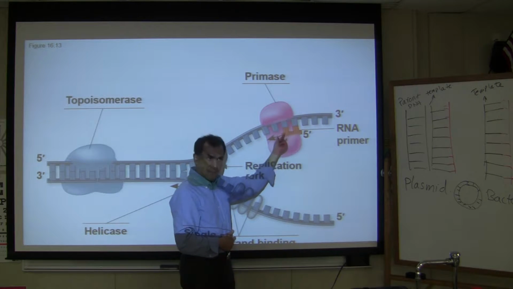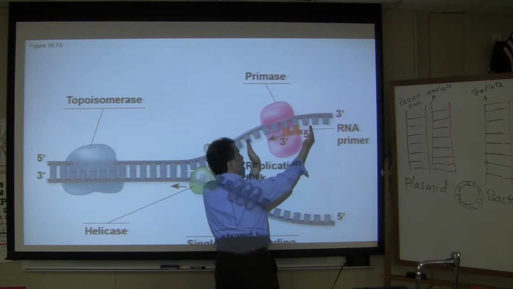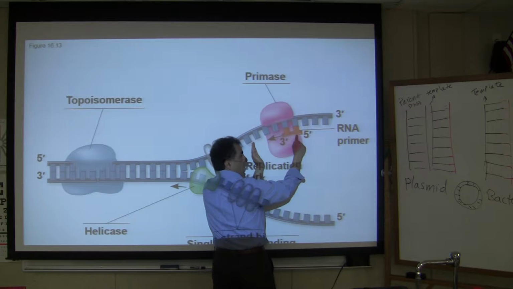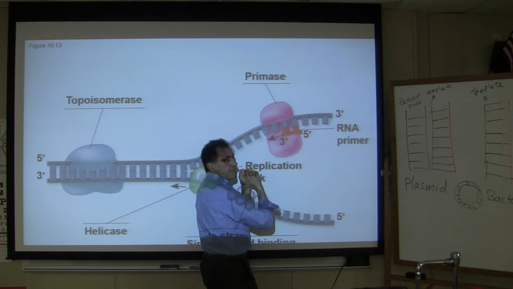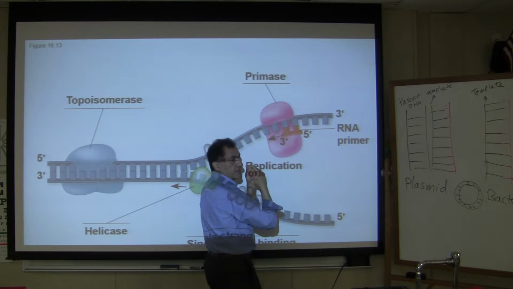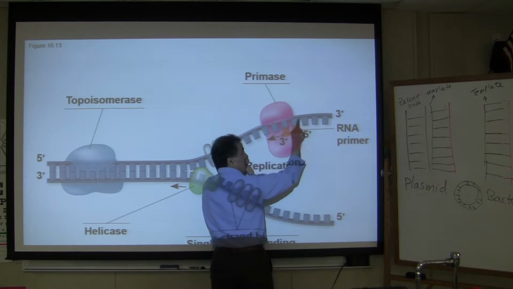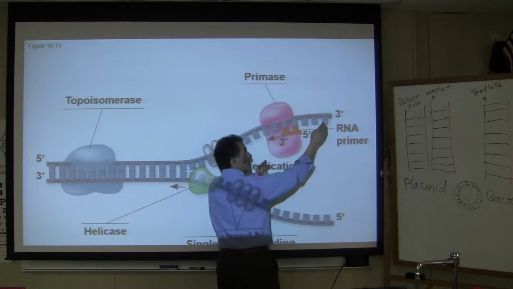Usually there are between 5 to 10 RNA nucleotides, and after those, DNA nucleotides will come in place. The reason for that, again, is that you have a 3' end. DNA replication always starts from a 3' end.